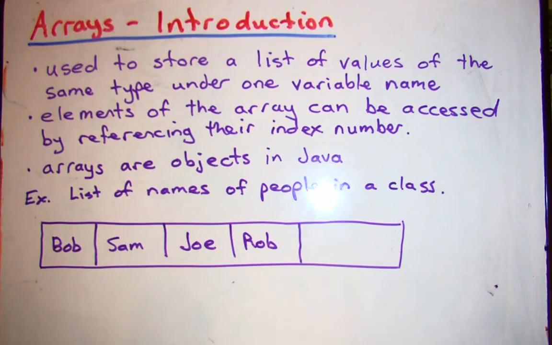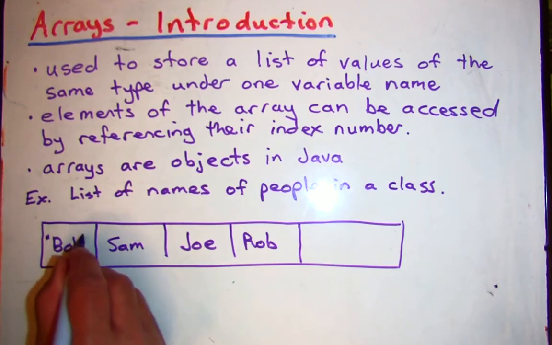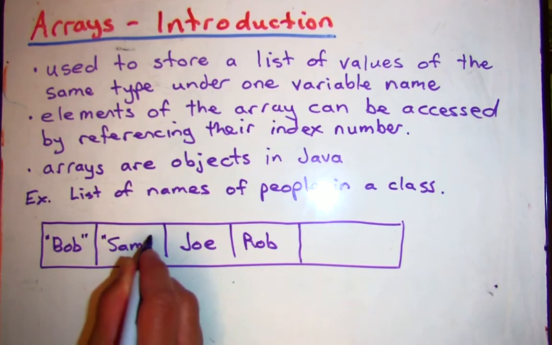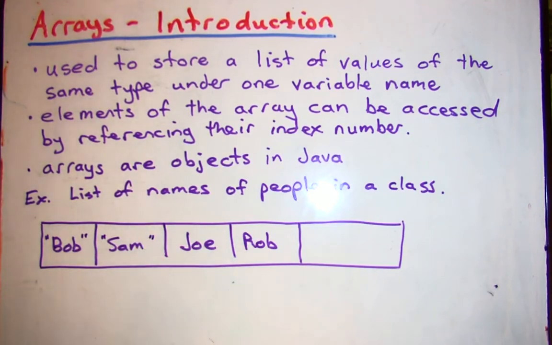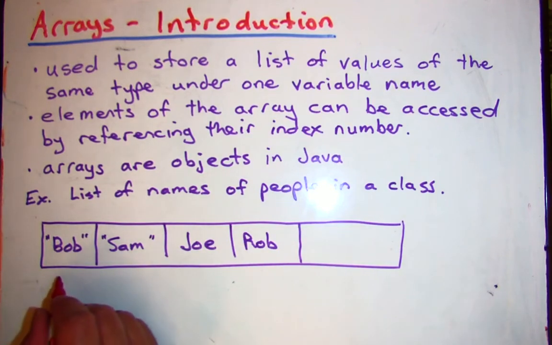So these elements are strings in this case. I could put double quotes around them, but these strings can be stored in the boxes of the array, and the way you access them is by their index numbers. So you could say that the first, it would make sense to call this index 1, but of course not.